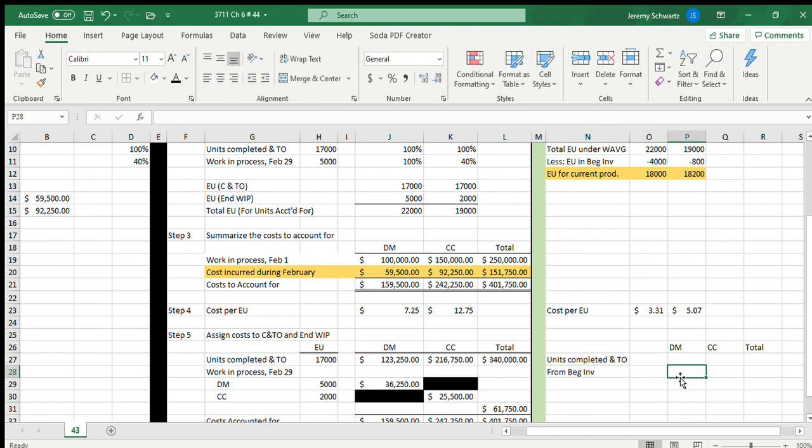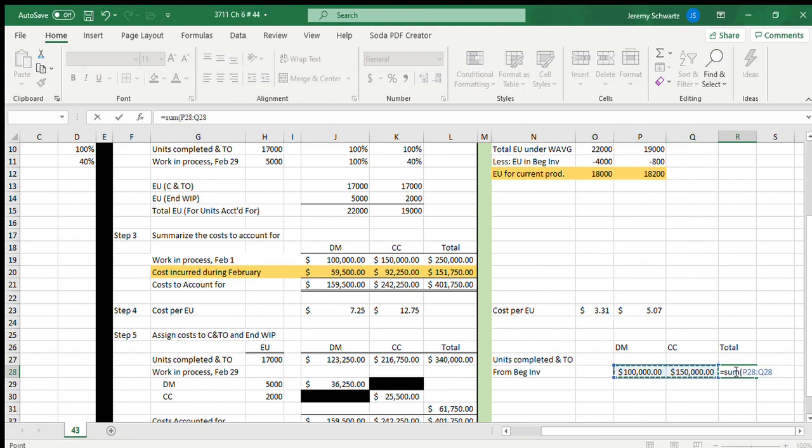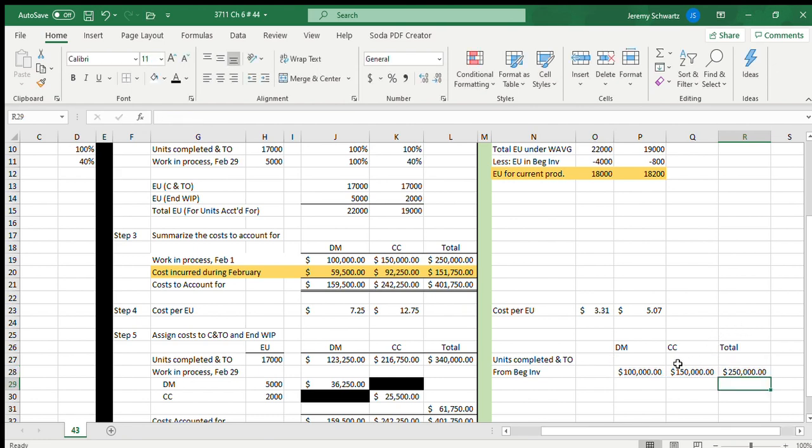So this is just going back to our 100,000 in direct material costs and 150,000 of conversion costs, and then summing these, we'll get 250,000 in total. So that will be the cost from beginning inventory.